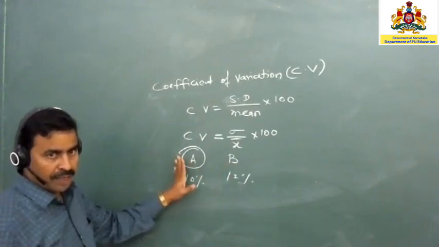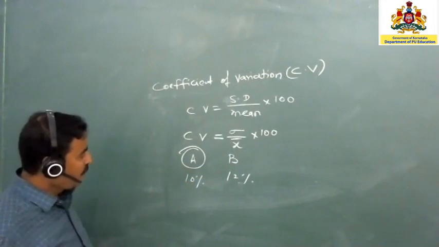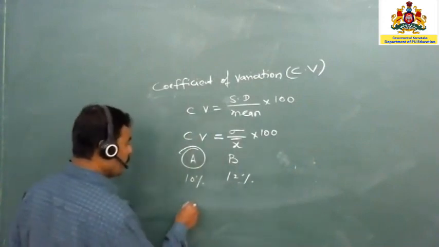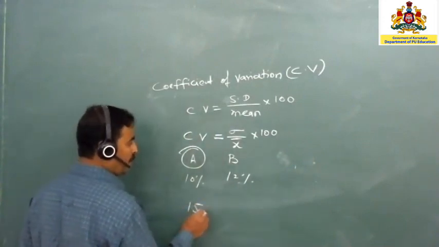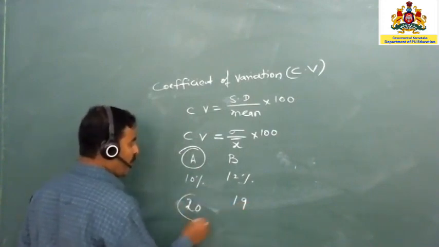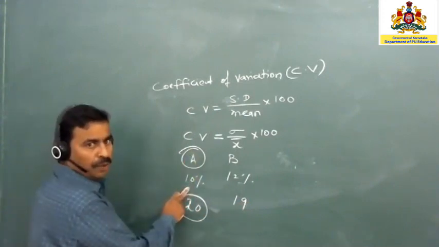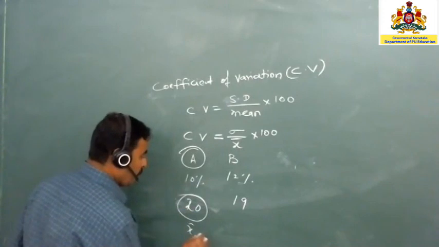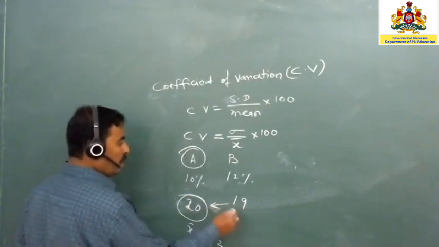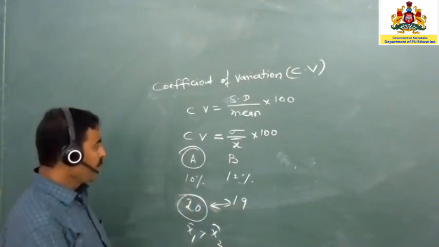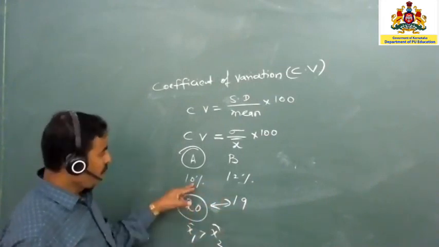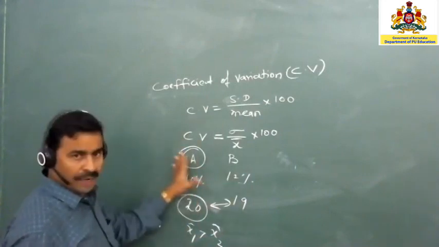For a better measure, we use the arithmetic mean: for A it is 20, for B 19. Since x1 bar is greater than x2 bar, A is better than B. For better, compare arithmetic means; for consistency, use coefficient of variation.